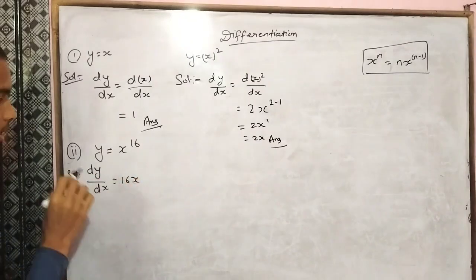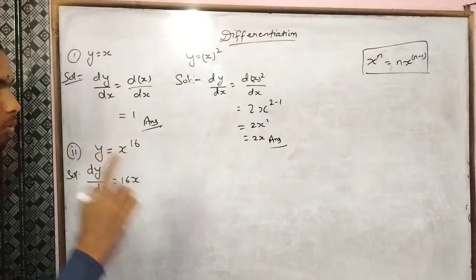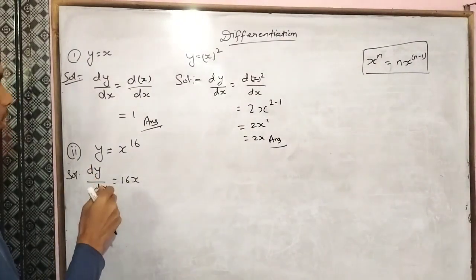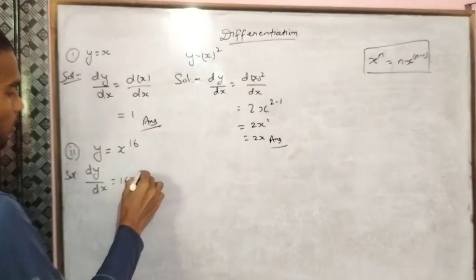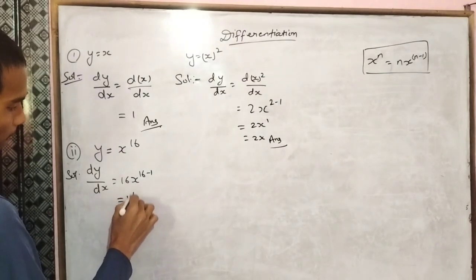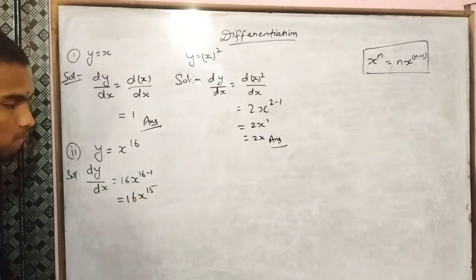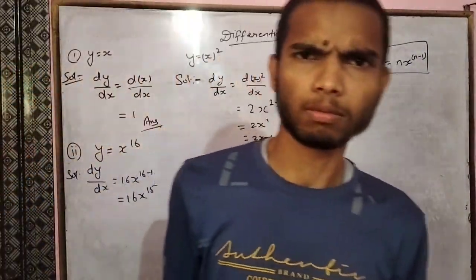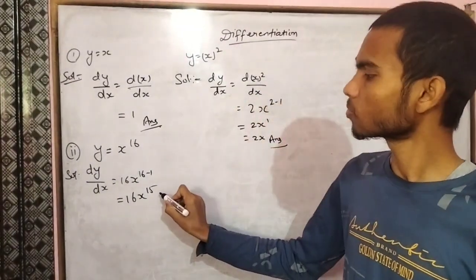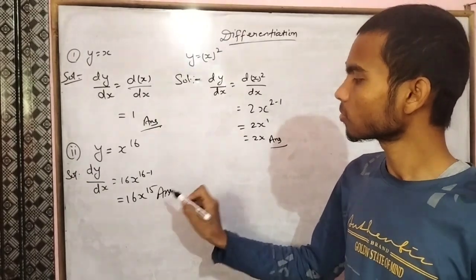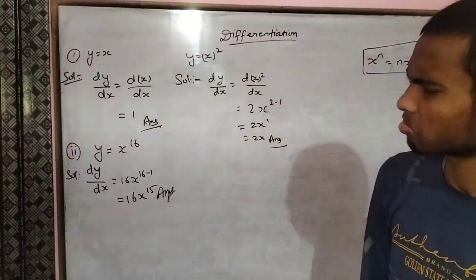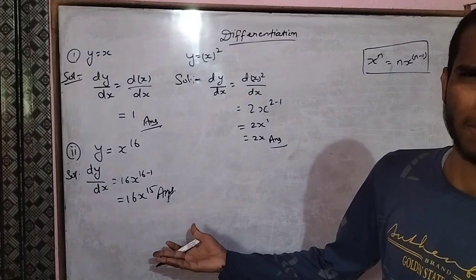Then the variable as it is. Now 1 will be reduced from the given exponent. We applied the formula and we have to just simplify it. Till here, this is our answer. It is very simple.